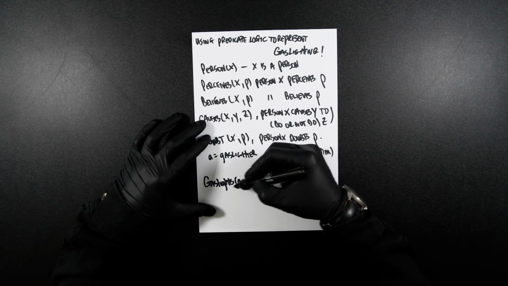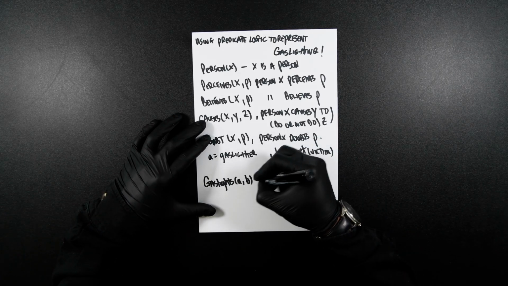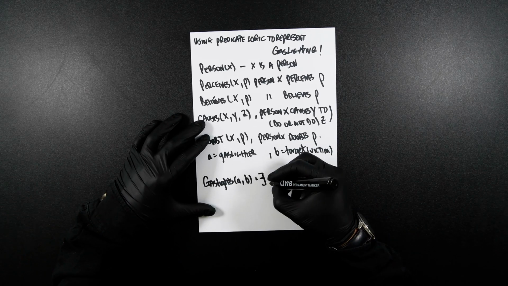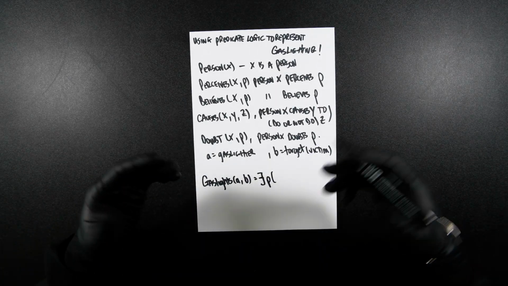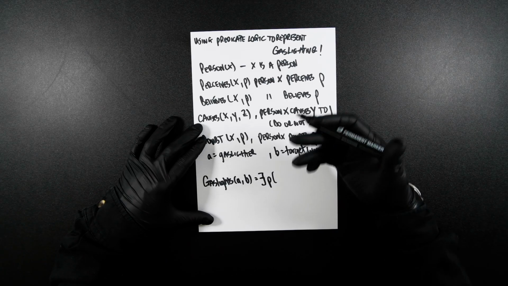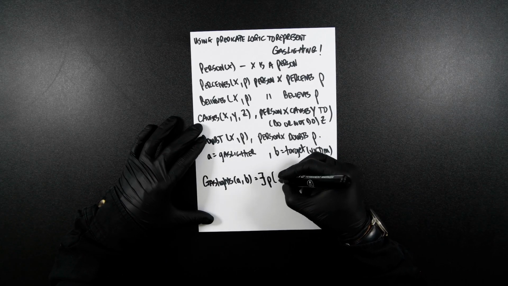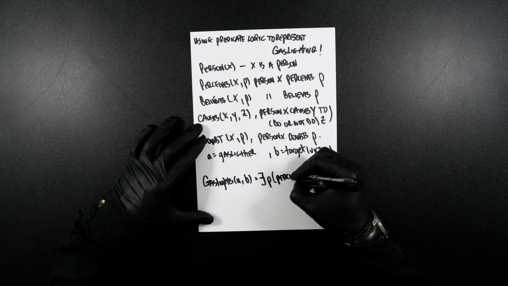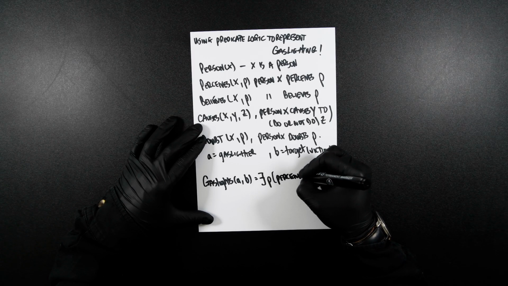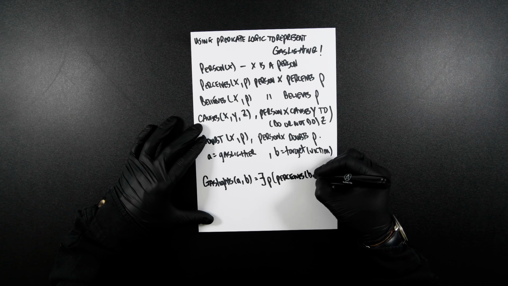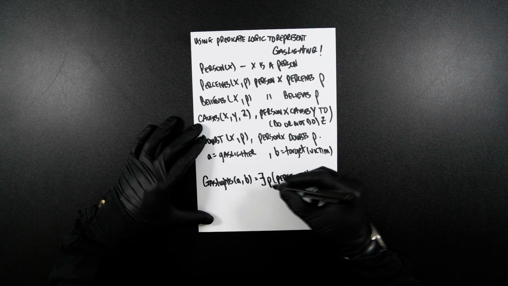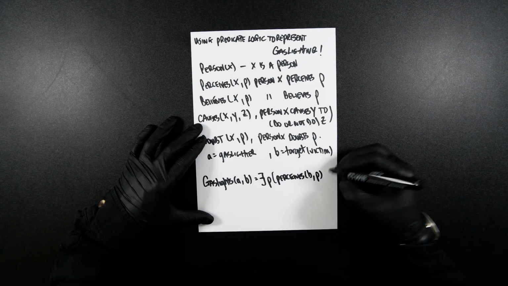Anyway, so A gaslights B would equal, there exists P, our proposition, the argument, the gaslighter has presented this. And then we need a perceives, because obviously now the target, the victim, B, P. So B perceives the proposition that the gaslighter has given them.